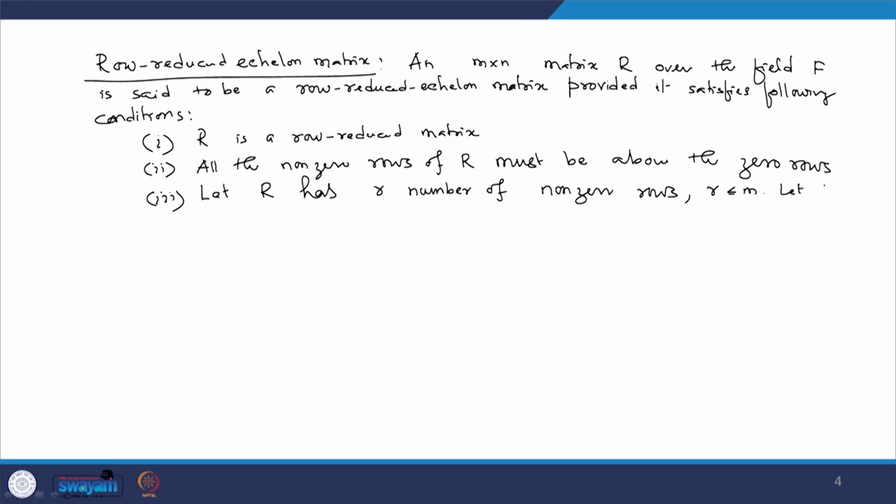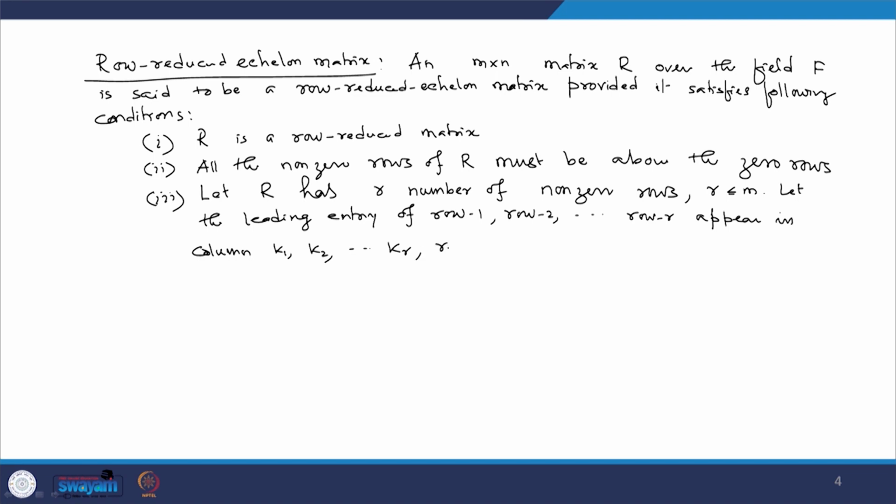Let the leading entries of row 1, row 2, up to row r appear in columns K1, K2, up to Kr respectively.